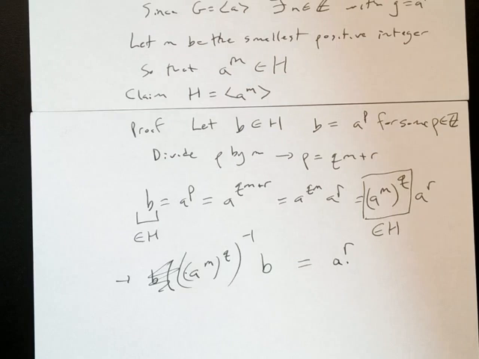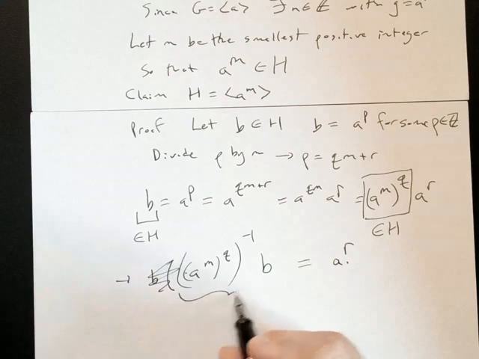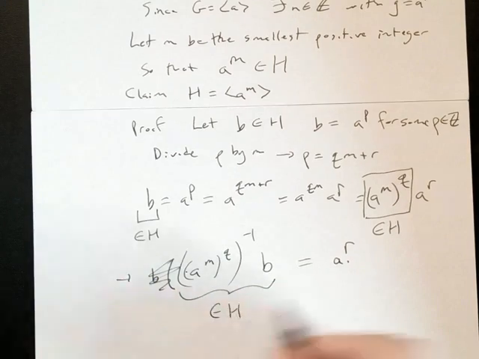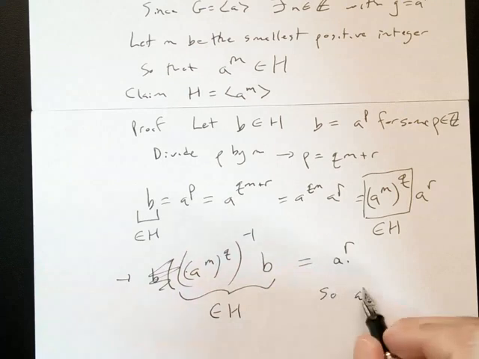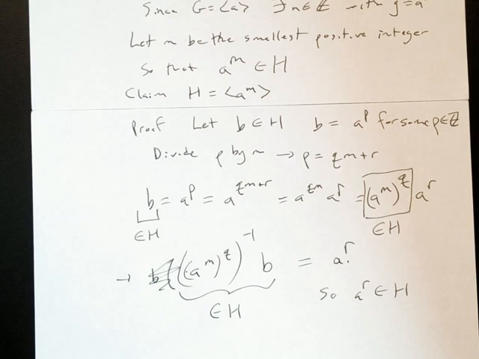What do I know about everything on the left side of that equal sign? It's all in H. And that means that A to the R is in H. What do you know about R I didn't write down already?